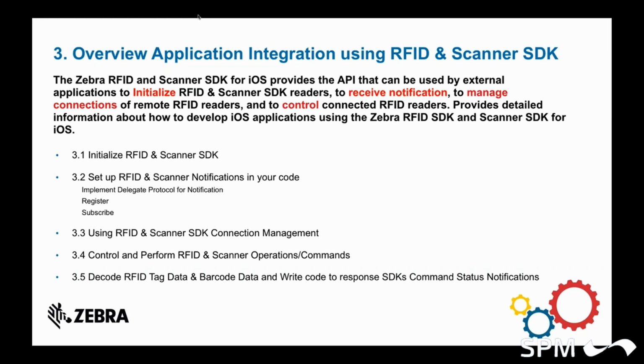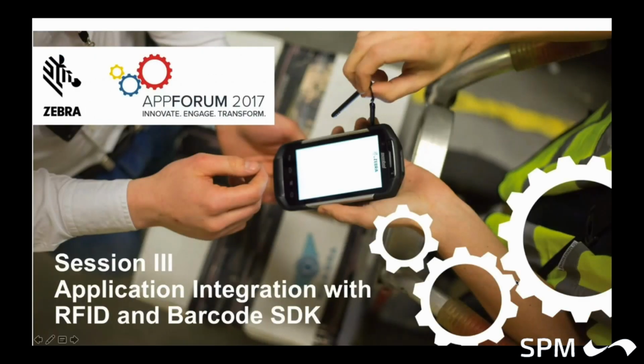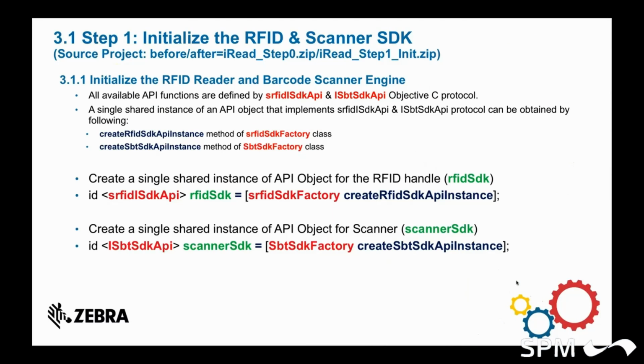And the last step, I'll show you how to decode the tag notified data and barcode data, and also how to write code to respond to command status notifications. Okay, let's write some code now. In this slide, I will show you how to initialize the RFID and scanner SDK.